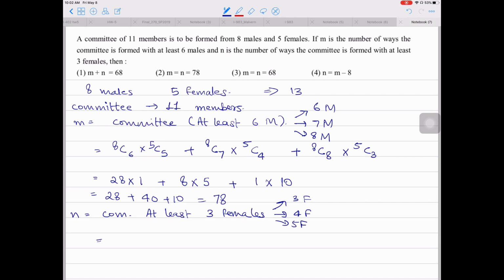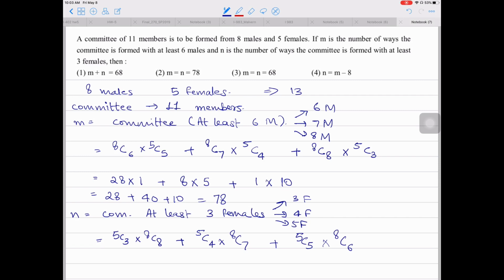So we need to select 3 females, so it's 5C3 times the remaining 8 should be males, that is 8C8, plus we select 4 females, so that is 5C4 times the remaining 7 should be males, that is 8C7. Selecting 5 females, that is 5C5, and the remaining 6 should be males, so that is 8C6.